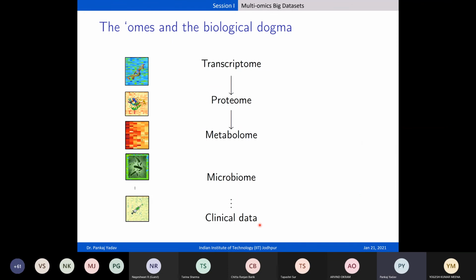As I was saying, most of the work in multi-omics big data is basically the integration, making sense from one layer of data to another layer. And of course we also need an understanding at the individual layers. For example, we need understanding from transcriptomics to proteome, and then metabolome.